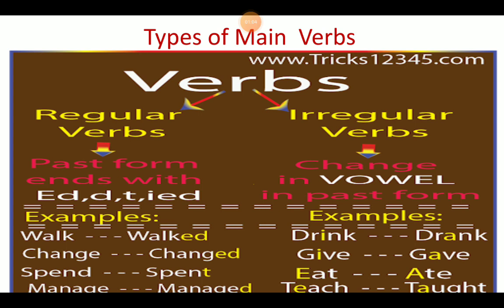While changing the regular verb into past tense form, that is V2 form, the base form of the verb won't get changed. We just add ed or d or t, right? But in case of irregular verbs, the whole base form of the verb will be changed. That's the difference between regular verb and irregular verb.